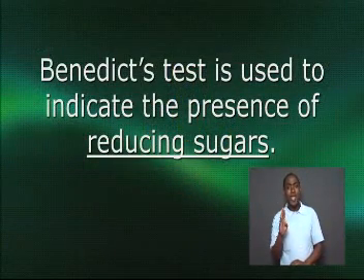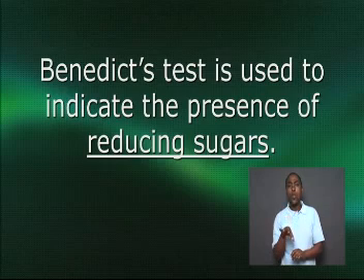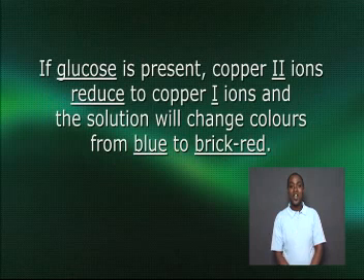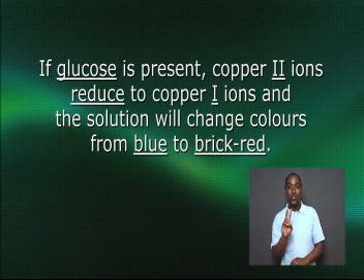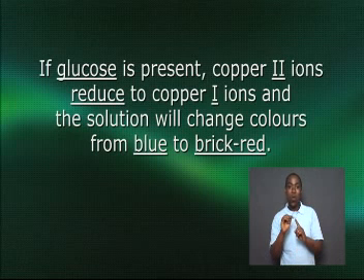Benedict's test is used to indicate the presence of reducing sugars. If glucose is present, copper 2 ions reduce to copper 1 ions, and the solution will change colors from blue to brick red.